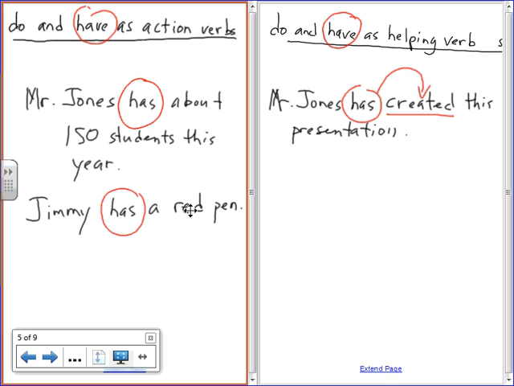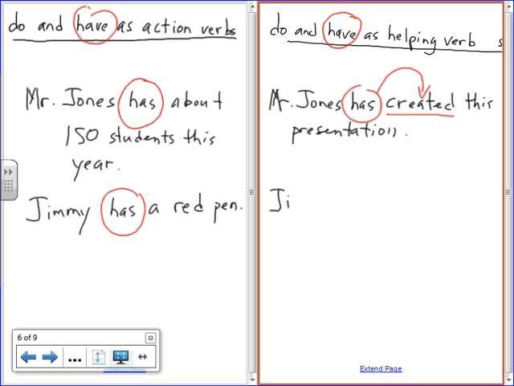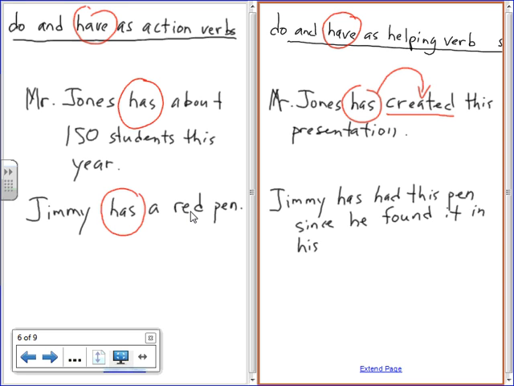In contrast to the sentence over here, Jimmy has had this pen since he found it in his, let's say, Christmas stocking.